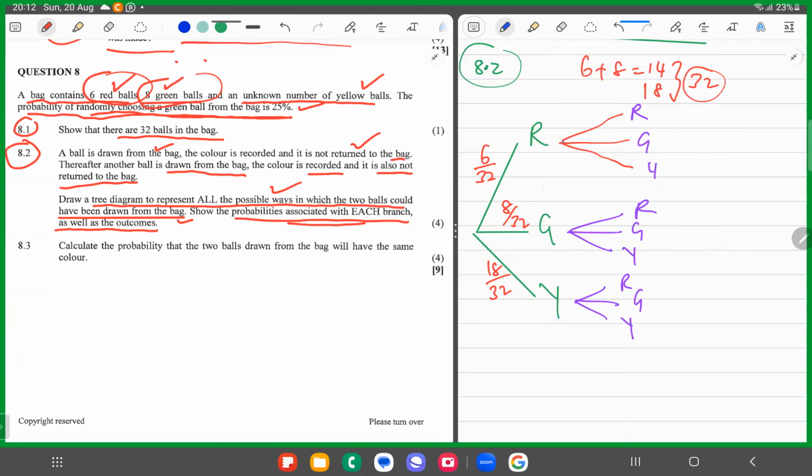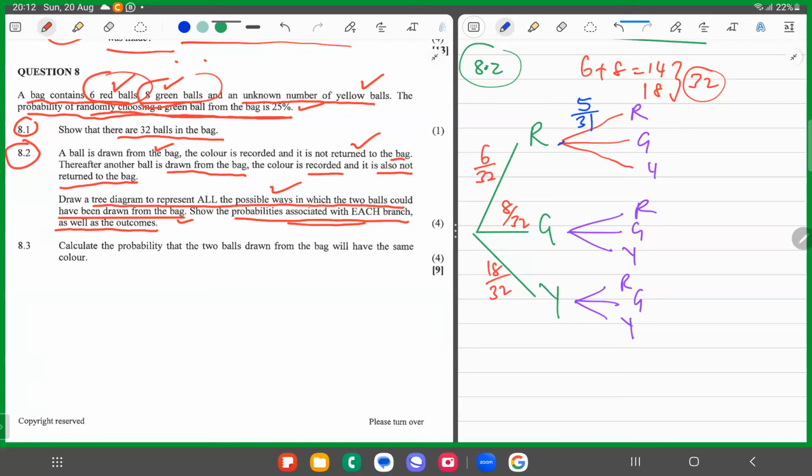Remember that the first ball was withdrawn and not returned to the bag. So if a red was drawn first, you will have 5 out of 31, because there were 32, but in the first withdrawal it was not returned, so you're dealing with 31 now.